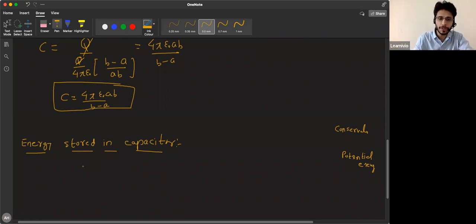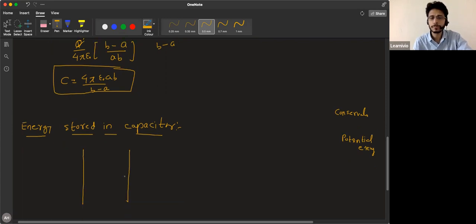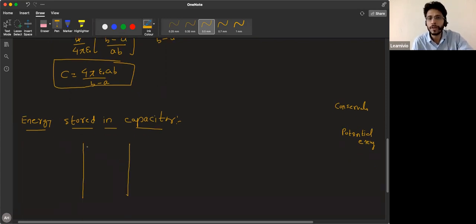So how will you explain that two plates of a capacitor have electric force? One plate will have positive charge and another plate will have negative charge. Due to this, they will attract each other by electric force. So the two plates will have electric potential energy. Clear, everyone? Now the next question is how to calculate that potential energy.